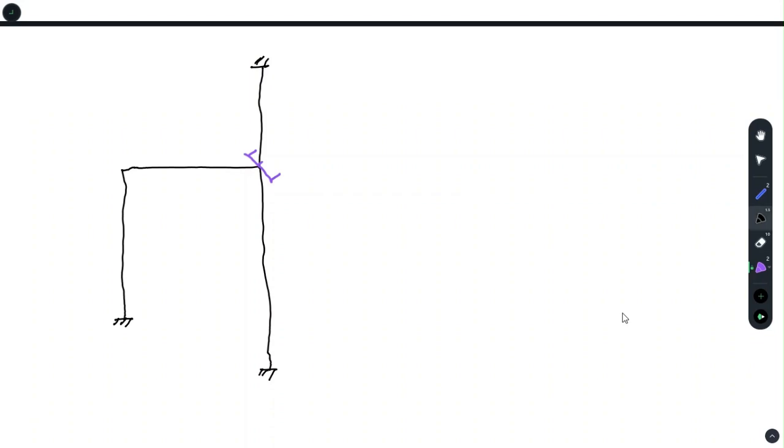So how do we draw the deflected shape? At this point, it will go like that, and it will come like that. And here, it will remain like that, and it will maintain a 90-degree angle here with this joint.